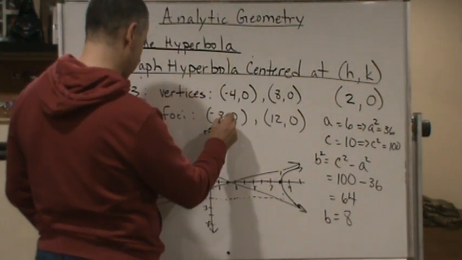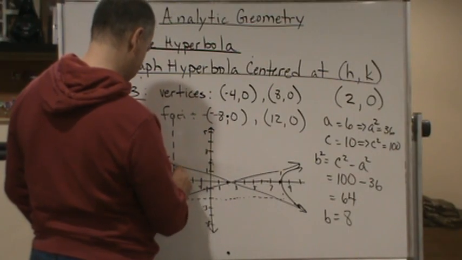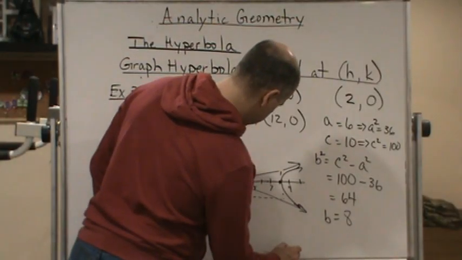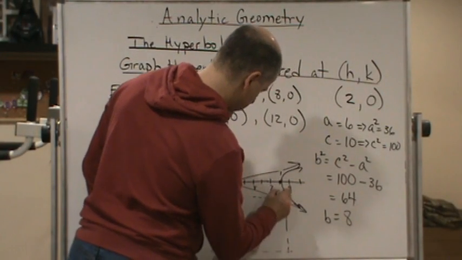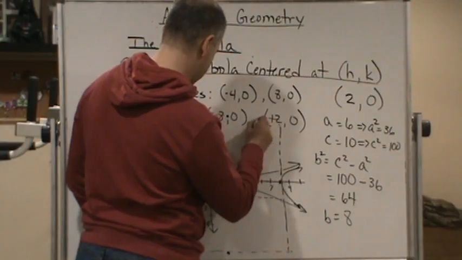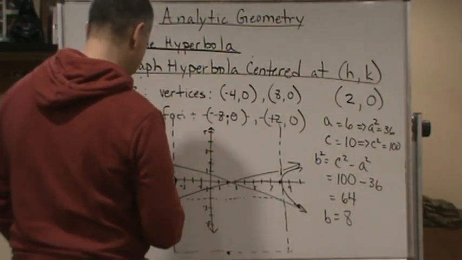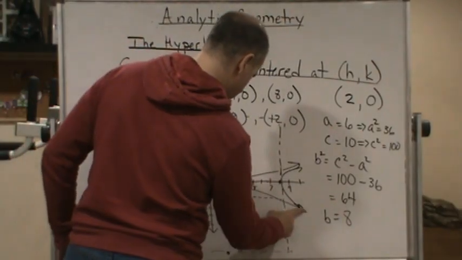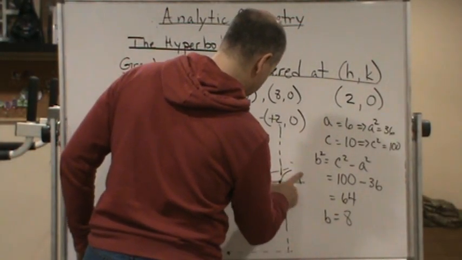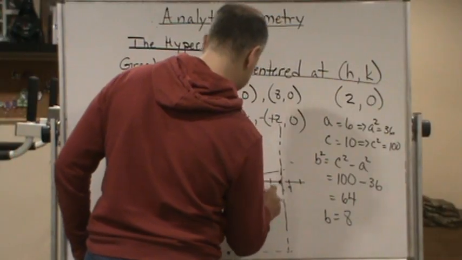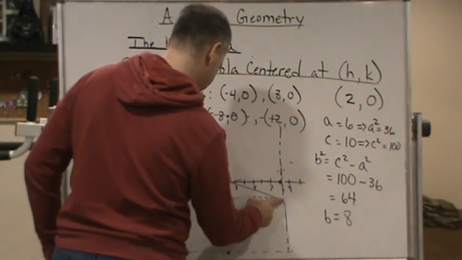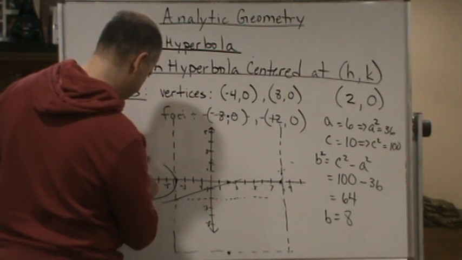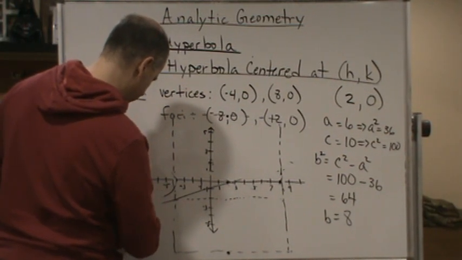So our box is going to look more like that. This is going to look better, because I was thinking to myself, I don't normally see hyperbolas that look like that, almost like parabolas.